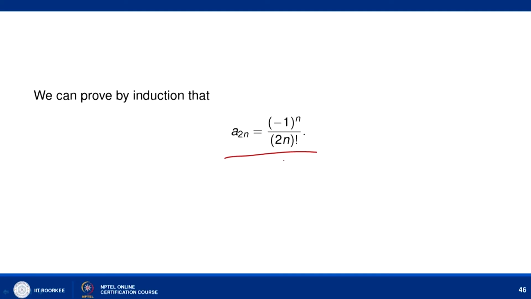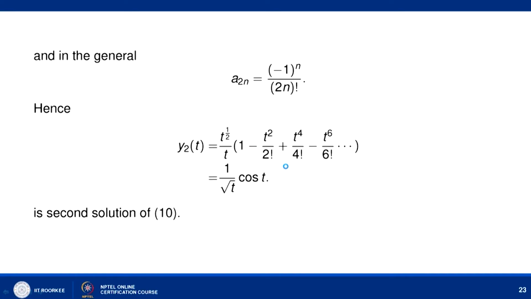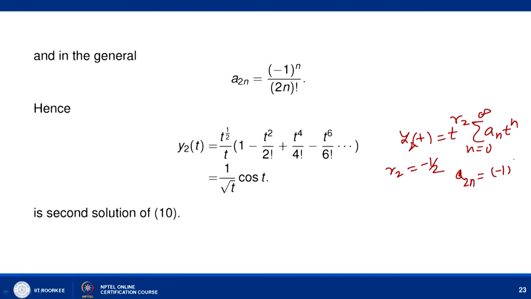Now corresponding to this, we try to find out the solution as y2(t) equal to t to power r2 summation an t to power n, n from 0 to infinity. So r2 is minus half, and an we have already calculated: a2n is minus 1 to power n upon factorial 2n, and a2n plus 1 is simply 0.